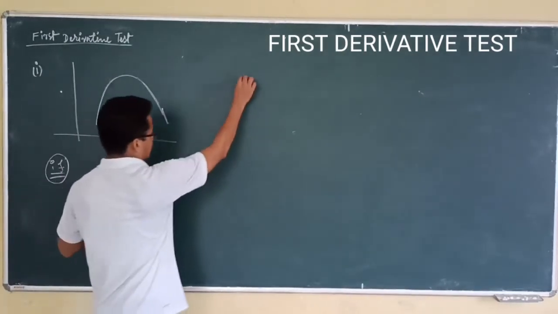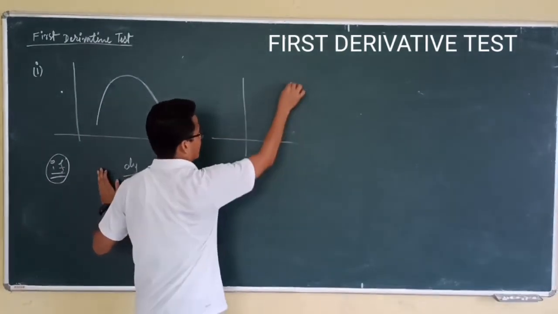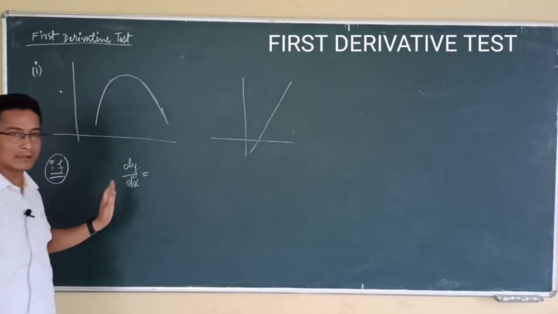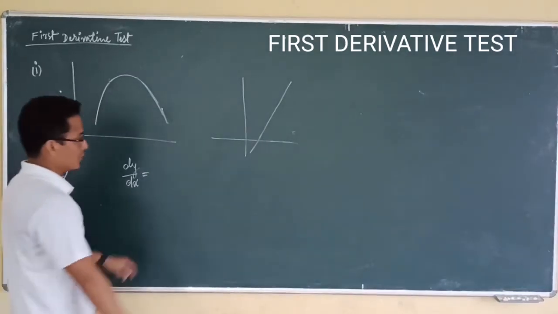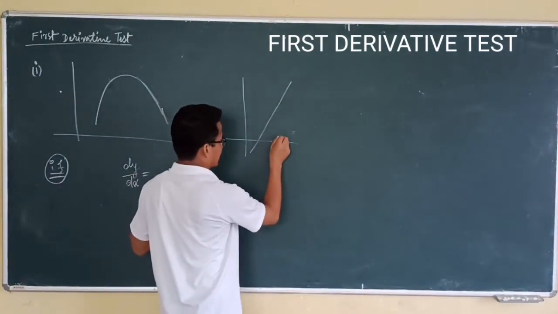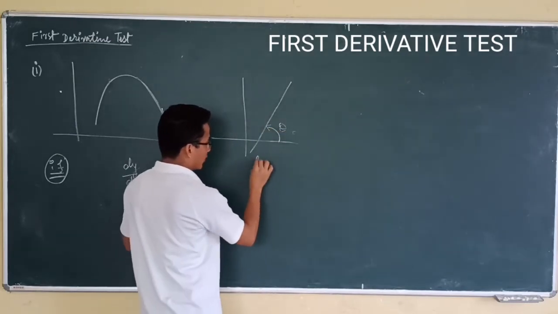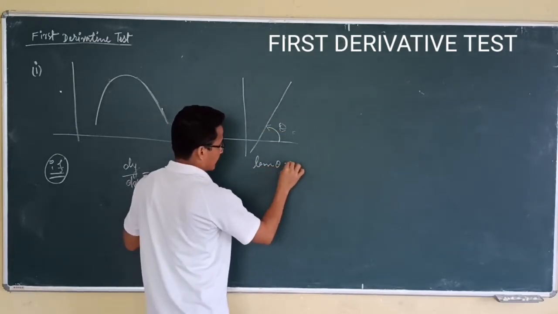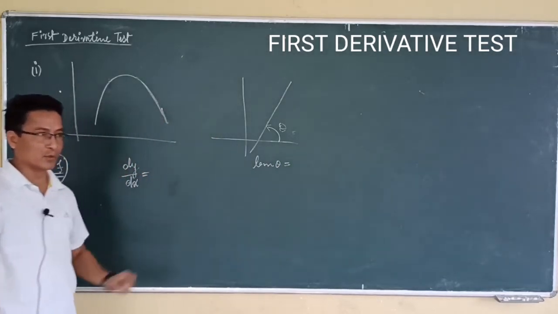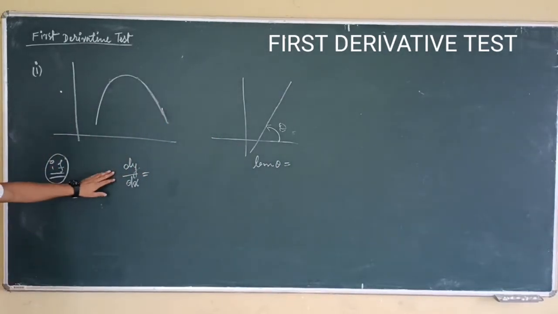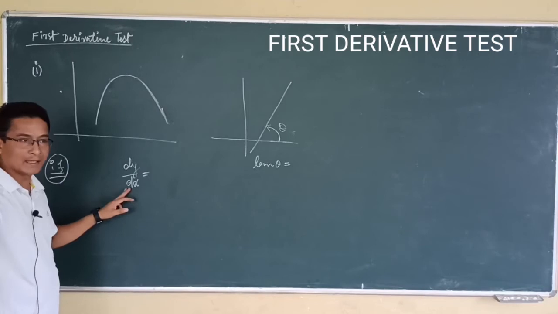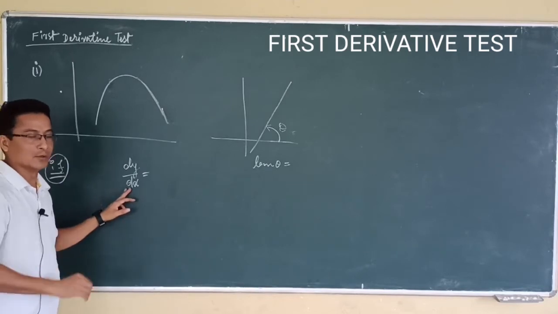We already discussed in class 11 the slope in this way, the inclination of a line. We take an angle theta like this from the anti-clockwise direction, then tan theta is our slope. Now here also dy by dx we consider as the slope.